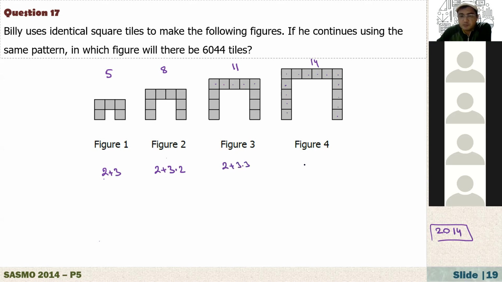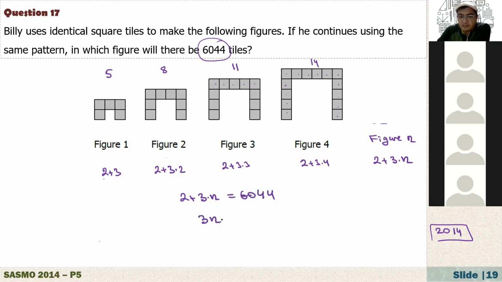And the next one, 14, is 2 plus 3 times 4. If you continue, for figure n, how many will we have? 2 plus 3 times n. So that is equal to 6044. Now we have 2 plus 3n equal to 6044.